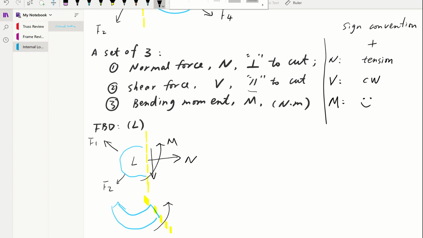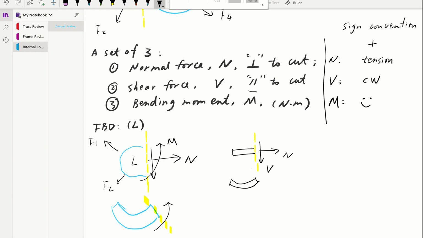Okay, this might be easier to see if the structure is not a sphere shape. If it was just a normal member, and you do that, right? So you have normal to make a tension. You have shear going downward for this one to make it a clockwise rotation, and to make a smile.